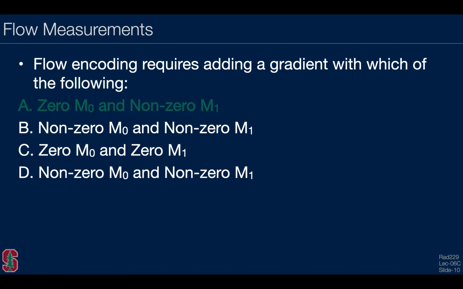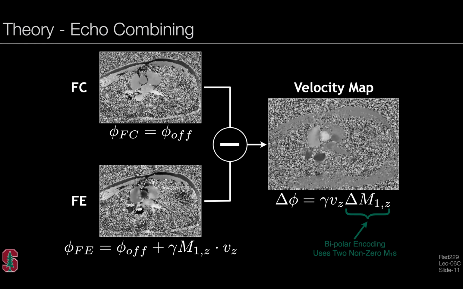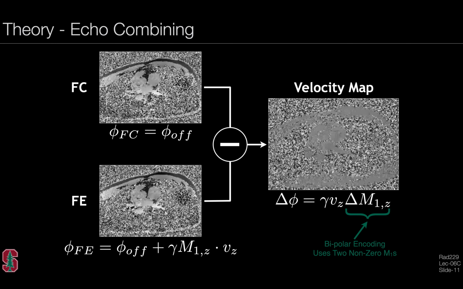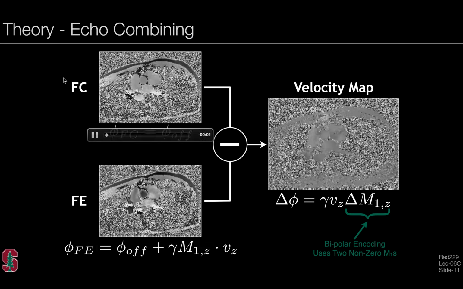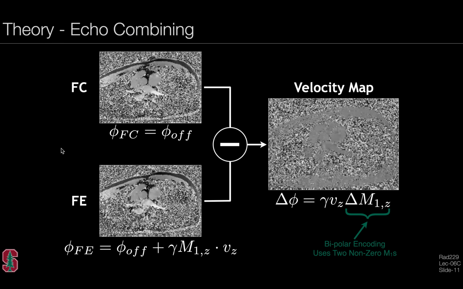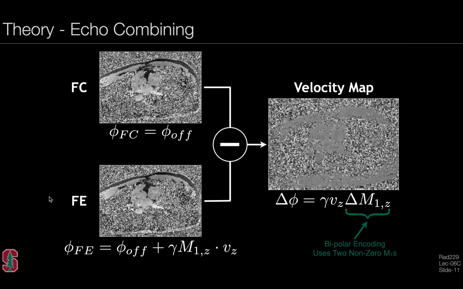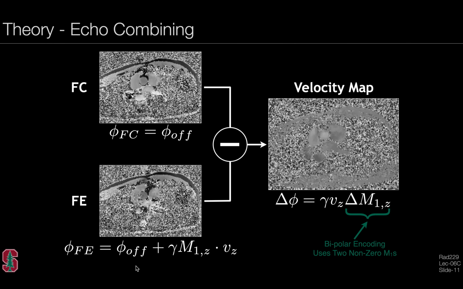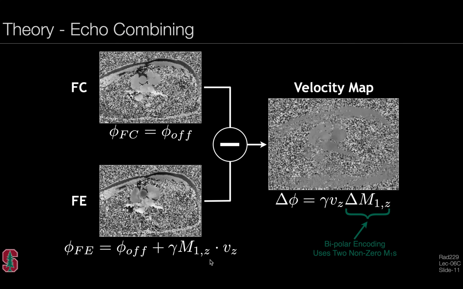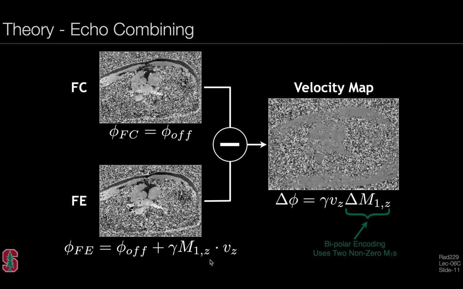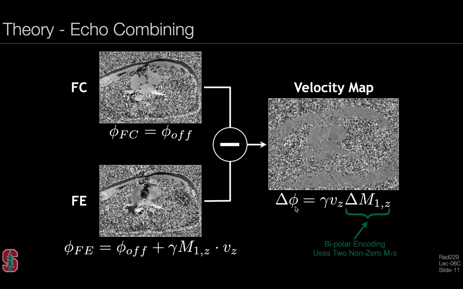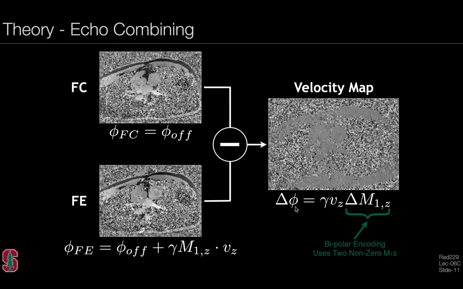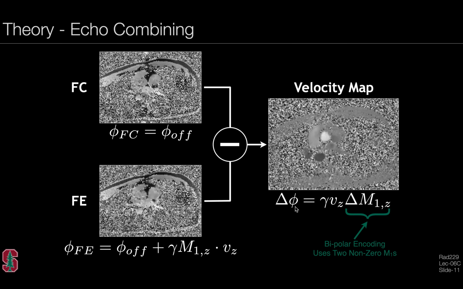So now we have to start thinking to ourselves, how do we pick M1 and how do we design this gradient waveform anyway? And it comes out partly by looking at how we combine the information from this imaging experiment. And so if we have the flow compensated information, which is just the background off resonance phase, and we have the flow encoding experiment, which gives us phase information related to off resonance and some velocity encoded phase, then algebraically just differencing these two images on a pixel by pixel basis will give us a phase difference map, and that phase difference map will be absent off resonance because the off resonance contributions should be the same.